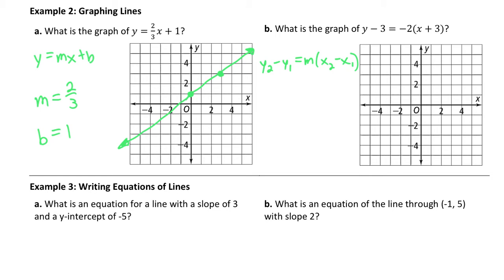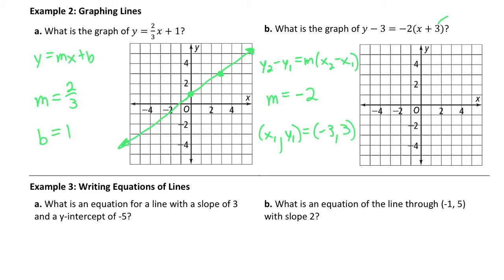In point-slope form, slope's given to us. In this case, for part B, the slope is 2. The point we're given is a little more tricky because it's the opposite sign of the values next to x and next to y. So the actual point for this line is (-3, 3).